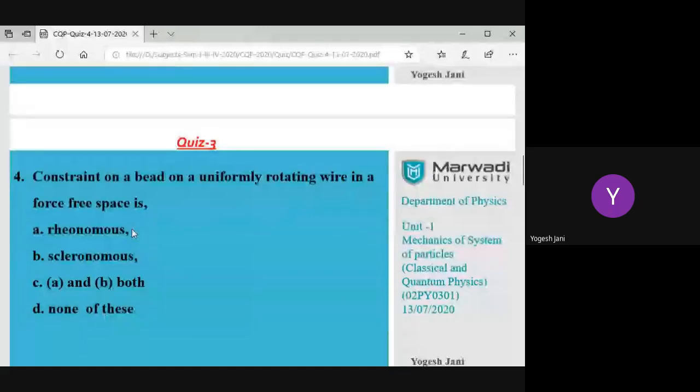What happens as you rotate? With the passage of time, the bead will try to come down, because the force of friction is not there to hold it. So when it is rotating, it will try to move with time. So it is time dependent. With time it will change because there is no force of friction, so that will not provide any reaction. Force free space, that is very important. So the answer to this question is A, rheonomic.